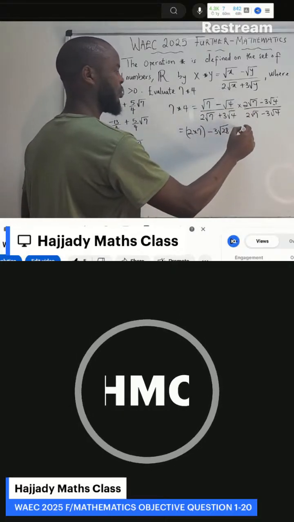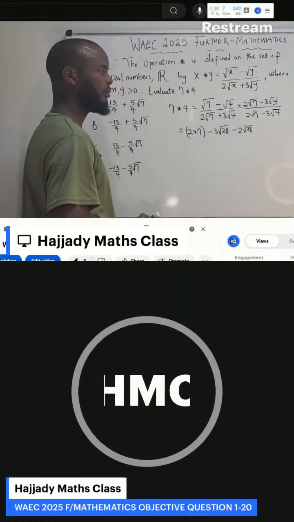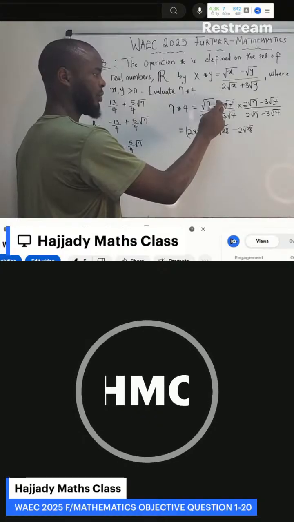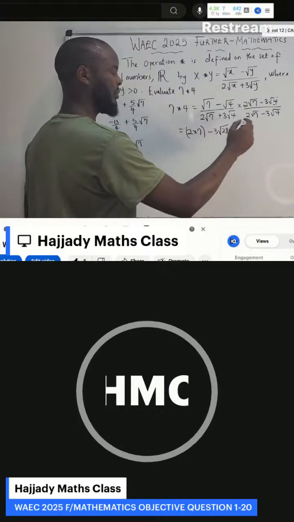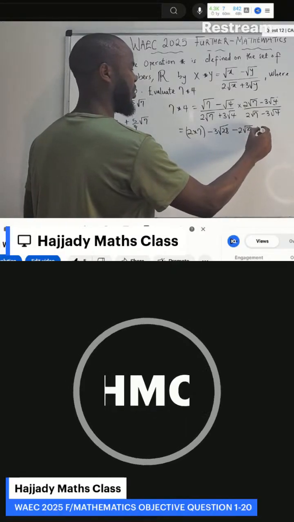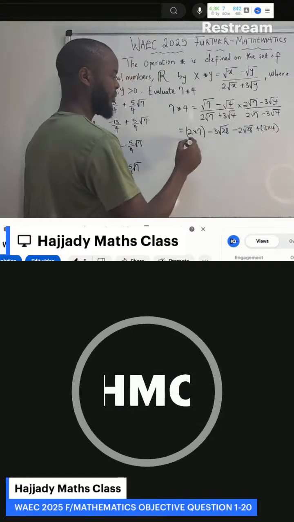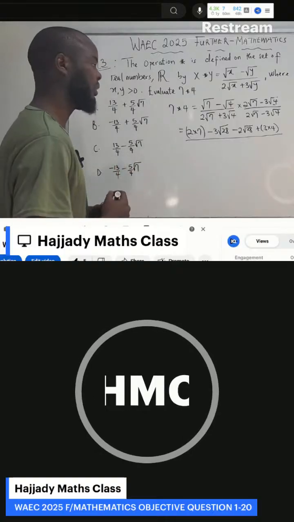You have 2 root 28. And from here too, here we have negative root 4 multiplying negative 3 root 4. You have plus 3 times 4. Alternatively, you can simplify root 4 as 2. Then you continue doing this.